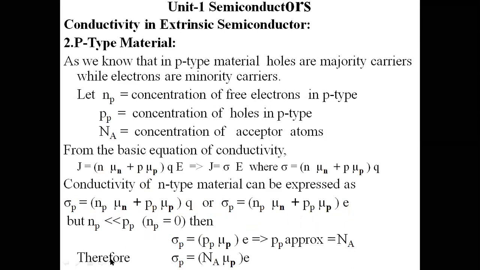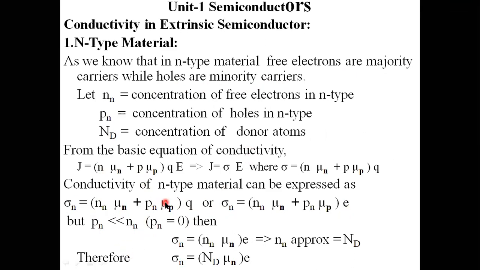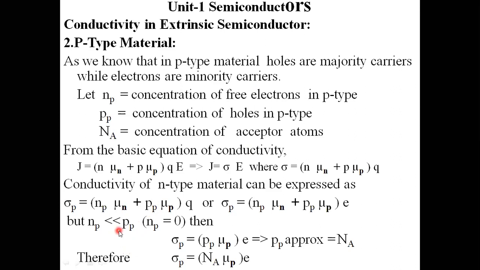In p-type semiconductor material, holes are majority charge carriers while electrons are minority charge carriers. The same principle we applied in the previous section we are applying here. That is, minority carrier electrons in p-type semiconductor material are very much less than majority charge carrier holes, therefore Np is approximately equal to 0.